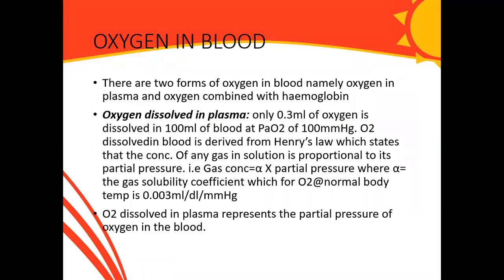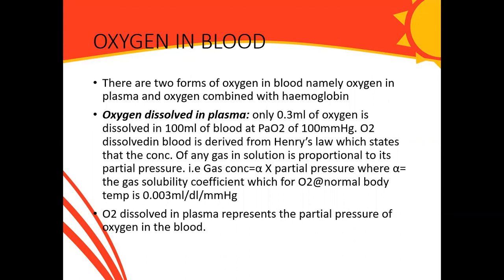So oxygen appears in two forms in the blood. We have oxygen which is dissolved in plasma. And this is important because this is what represents the partial pressure of oxygen in the blood. Only about 0.3 ml of oxygen is dissolved in 100 ml of blood at a PaO2 of 100 millimeters of mercury.